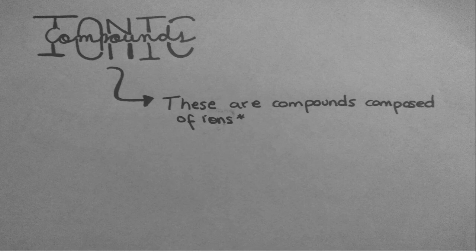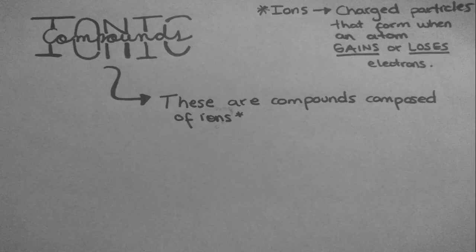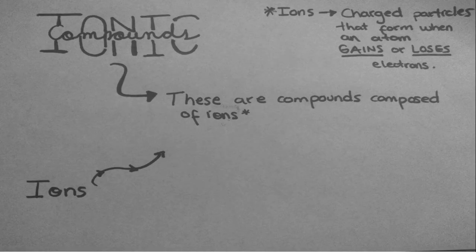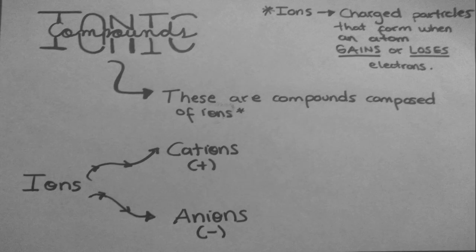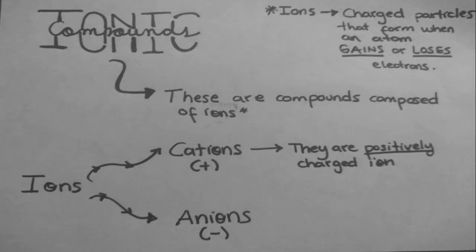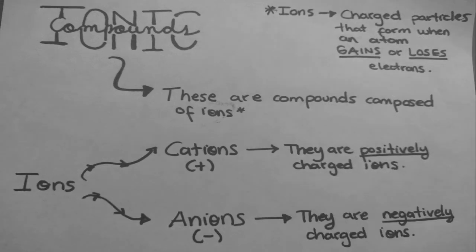What are ions? Ions are charged particles that form when an atom gains or loses electrons. There are two different types of ions: cations and anions. Cations are those that are positively charged, and anions are those that are negatively charged.